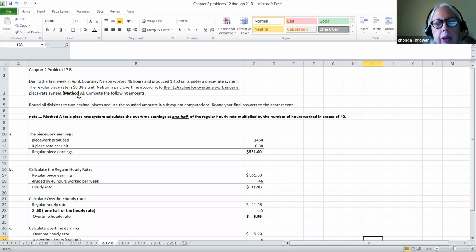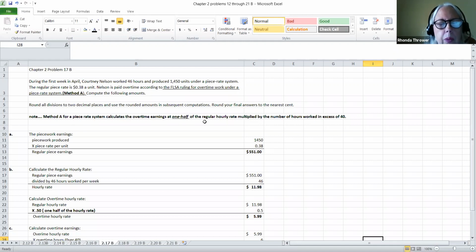When we're working with piece rate systems, there are two methods, a method A and a method B. This problem is working with method A. In method A, for a piece rate system, we calculate the overtime earnings at 1/2 of the regular hourly rate multiplied by the number of hours worked in excess of 40 hours. So for method A, this is how we calculate overtime.